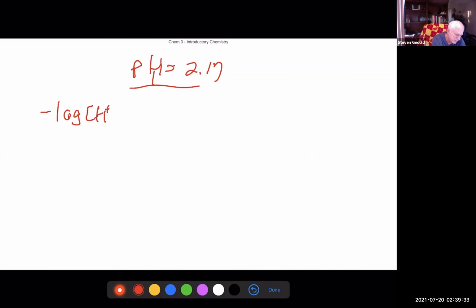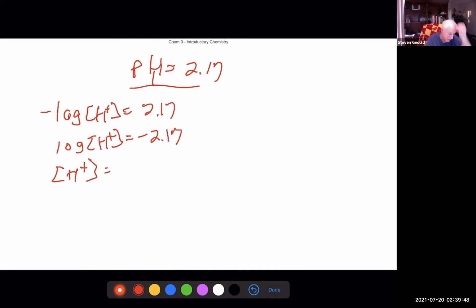of H equals 2.17. So that means the log of H equals negative 2.17. So we do the inverse, get rid of the log, which is 10 to the x. It's the inverse of log.